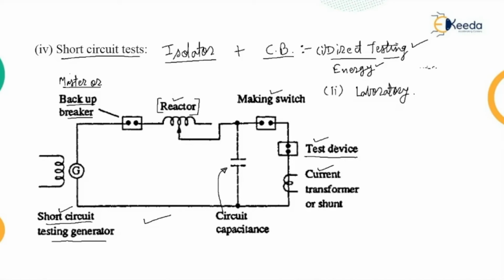A make switch, this one, initiates the short circuit, and a master circuit breaker isolates the test device from the source. So from this, it is broken, or it isolates this test device from the source at the end of a predetermined time set on a test sequence controller.